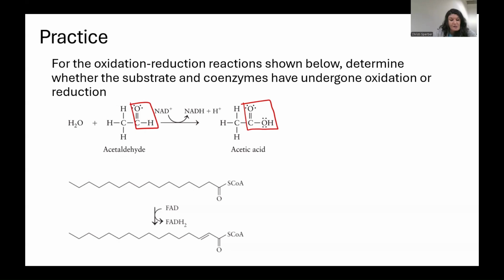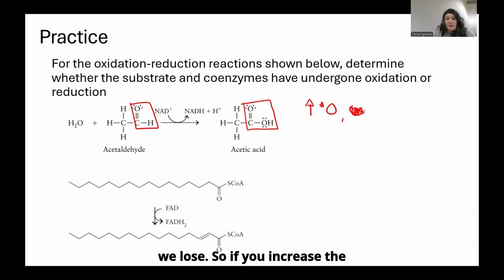We increase the number of oxygens. So if you increase the number of oxygens, it means it is oxidized. NAD plus goes to NADH.